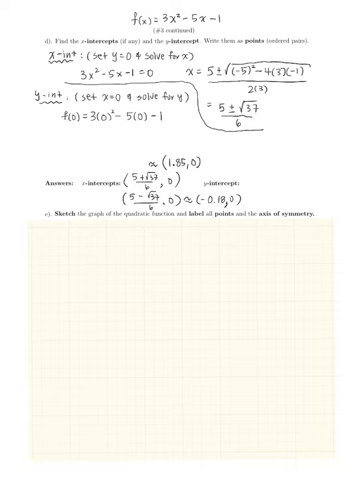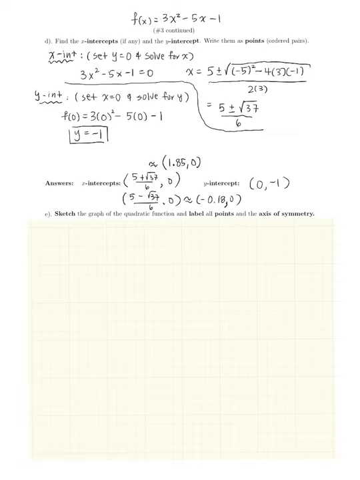So our y is just negative 1. As a point at the y-intercept, your x value is always going to be 0 and your y is going to be negative 1.